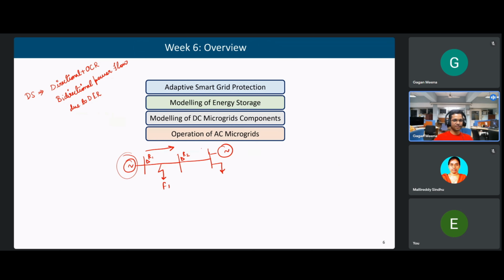And if there is a fault, the current will flow like this. As a result, if there is no directional element in the relay, then this fault will not be detected. So we need a directional relay. So we have another relay here, and both of these have directional elements. So these are both directional plus overcurrent relays. Now if we have a fault current like this, then R2 can detect the fault.